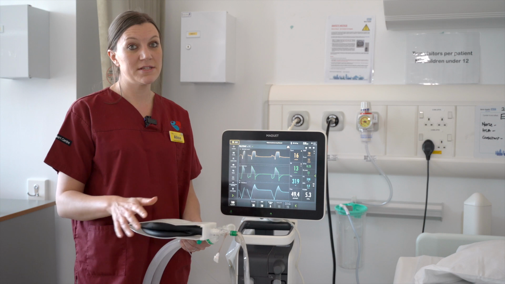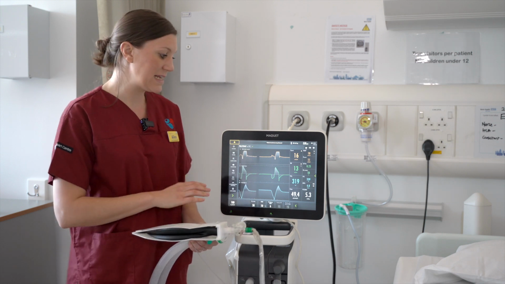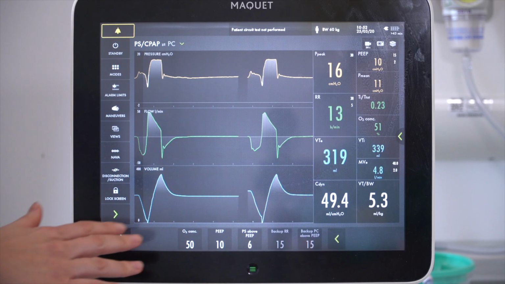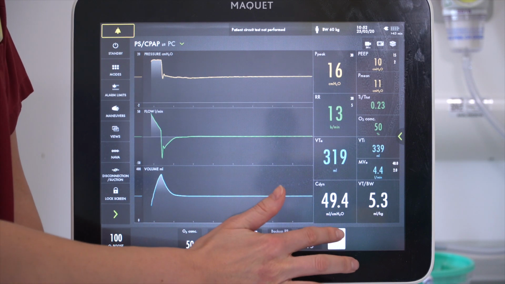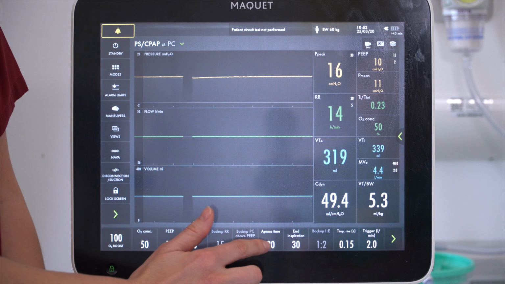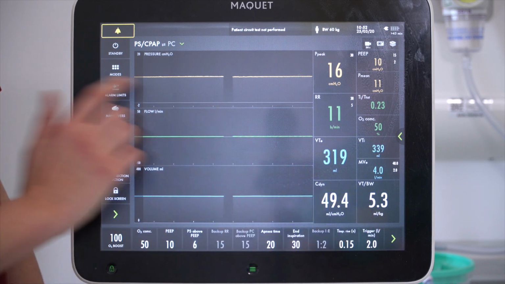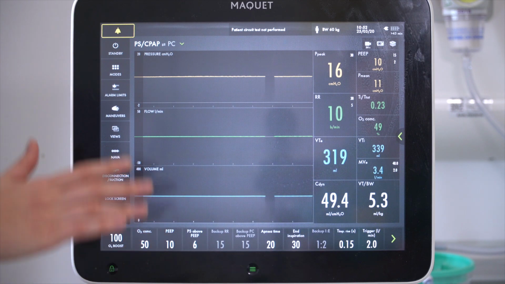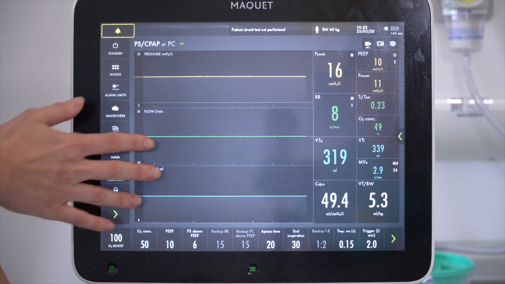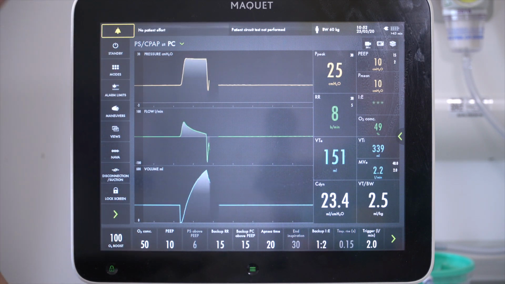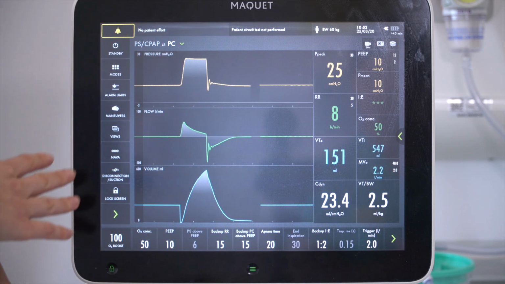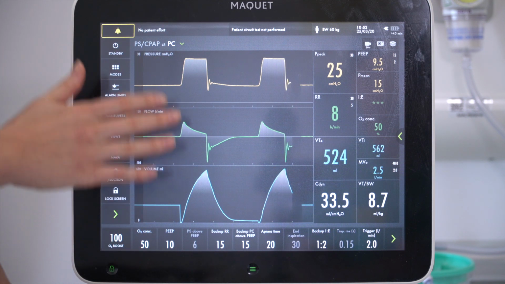If the patient does stop triggering the breath, the ventilator has a backup system which is set across the bottom. So it has a backup respiratory rate of 15 and an apnea time of 20. Therefore, you can see currently that there is no patient effort. There are all flat waveforms on the ventilator. You will then see that the ventilator alarms and a breath is delivered.